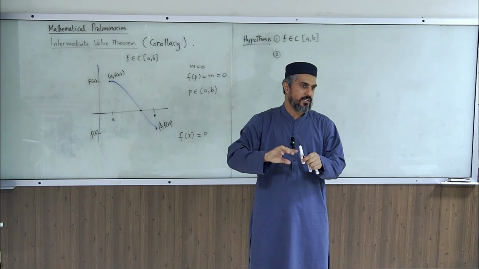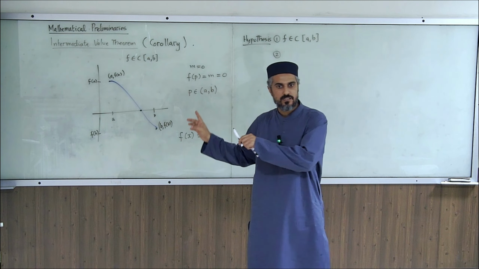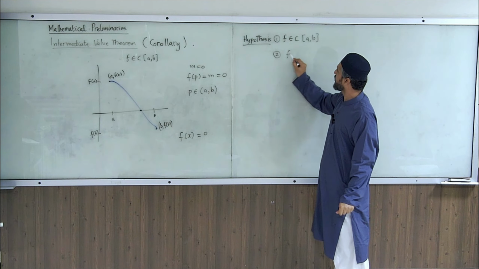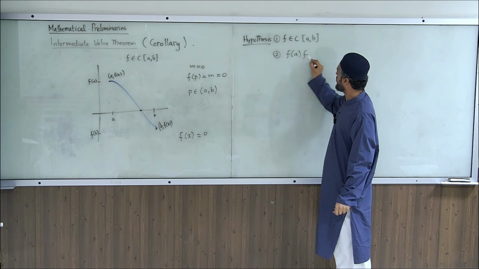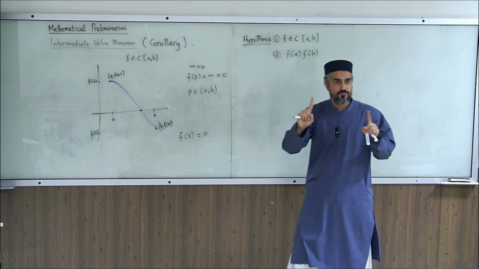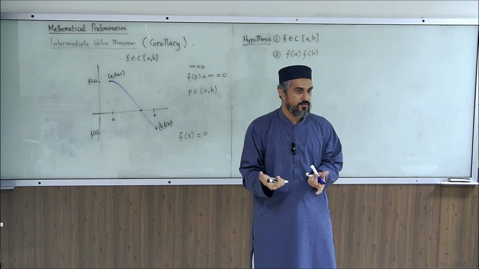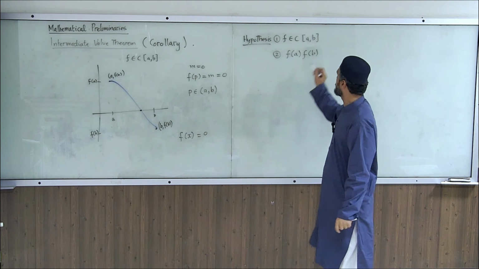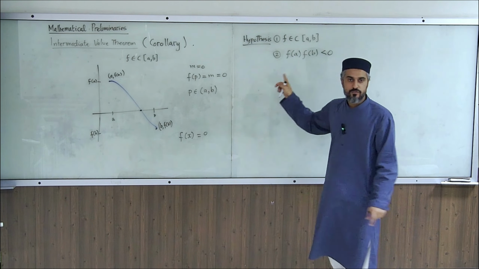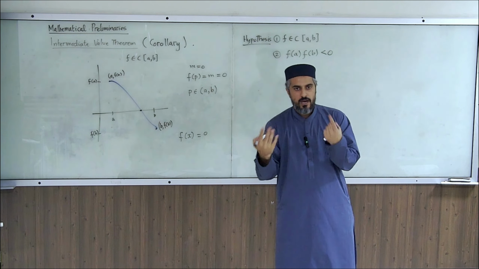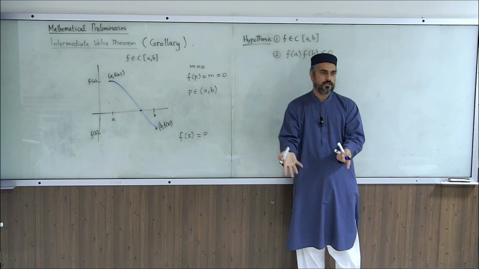If one is positive, the other is negative. So if f of a and f of b have different signs, then their product is what? Negative or positive? This is negative. So this is the condition that we imposed, that the function heights must be different in sign at the endpoints.